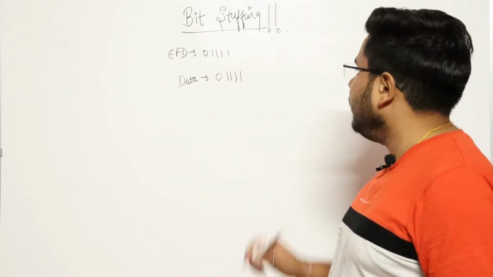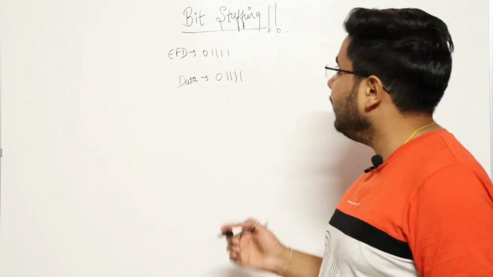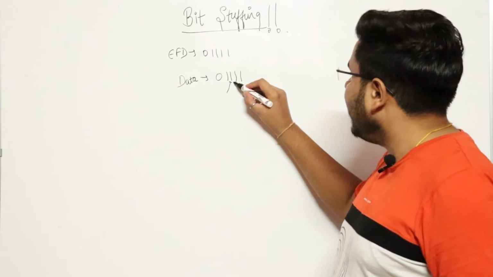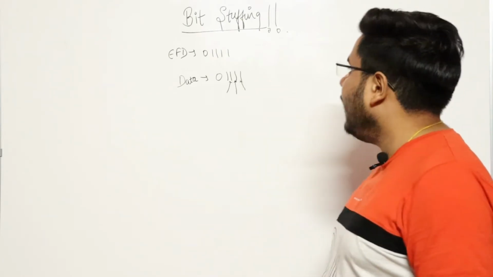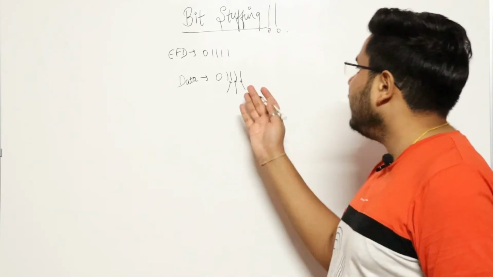So suppose yourself, how could you break this pattern? You can add a 0 here, or here, or here. But it is more suitable to put the 0 at the last place only.